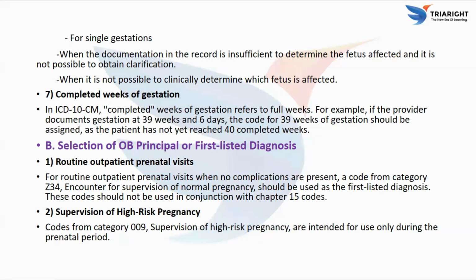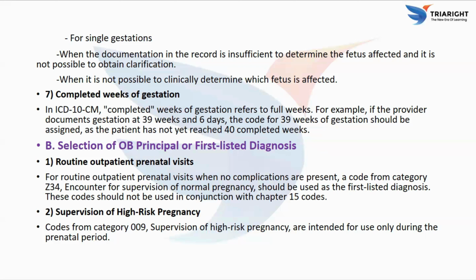You have to assign Z34.03 because it indicates a normal pregnancy, third trimester, right? The second question: a 22-week pregnant woman with gestational diabetes is at a prenatal visit. You have to assign code O24.41, which indicates gestational diabetes, second trimester, from the chapter 15 codes.